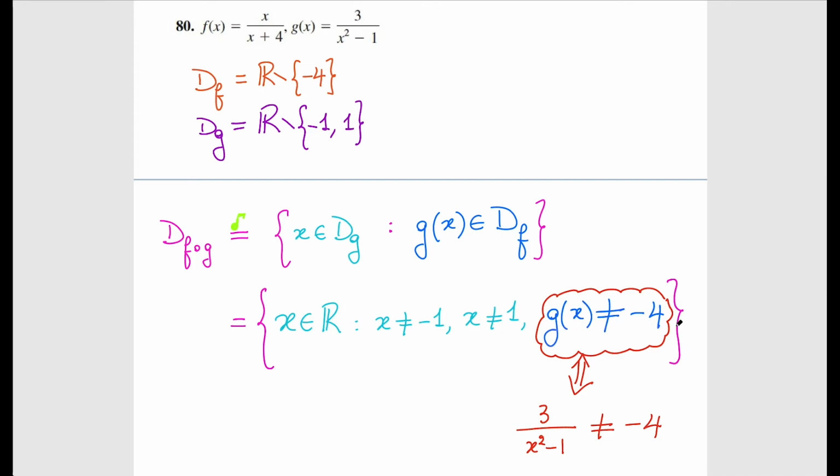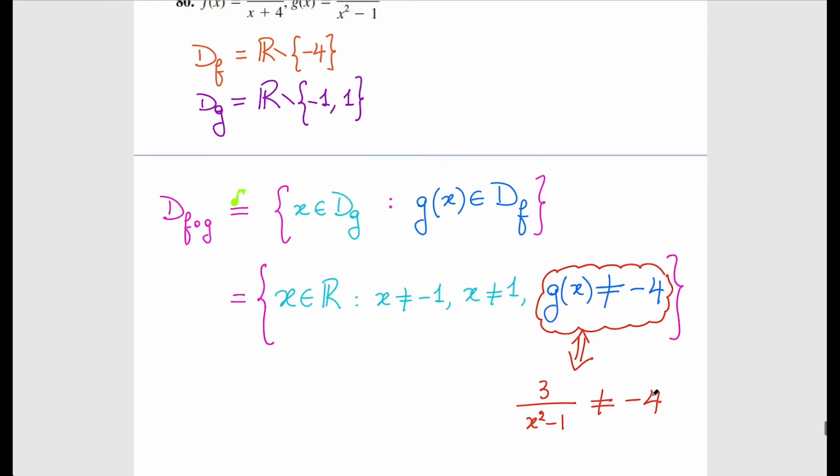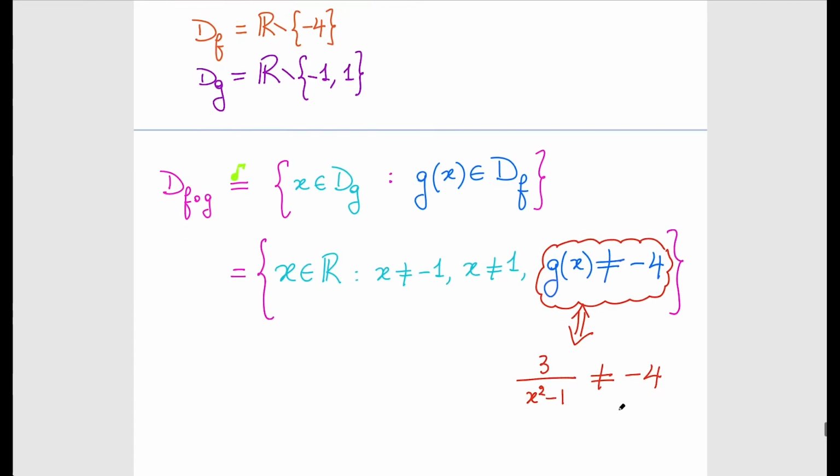If you don't want g of x to be negative 4, that's the same as saying this expression, which represents g of x, is different than negative 4. Let's solve this, meaning finding the x's that allow this expression not to be negative 4.